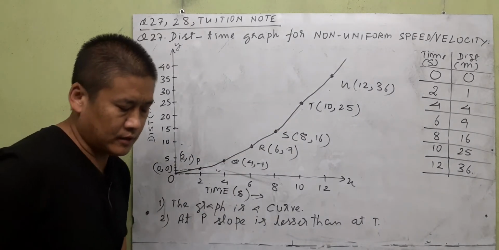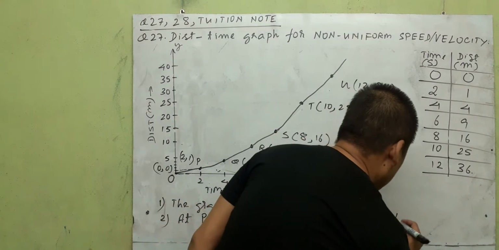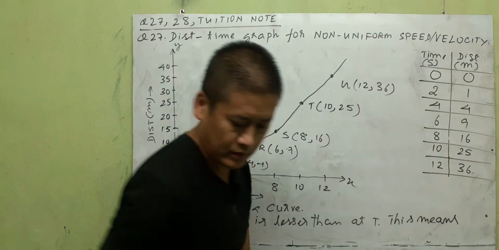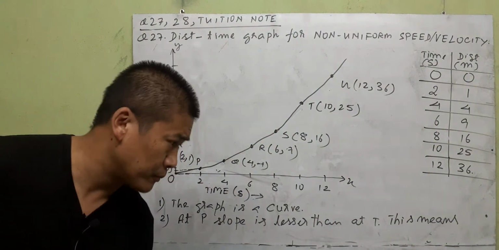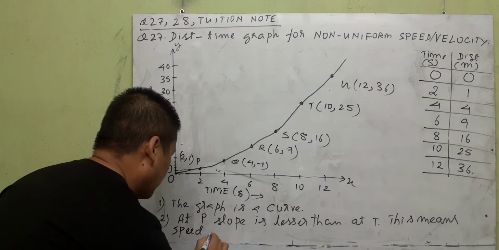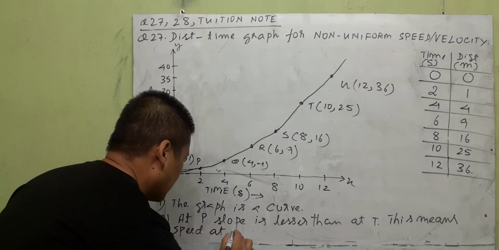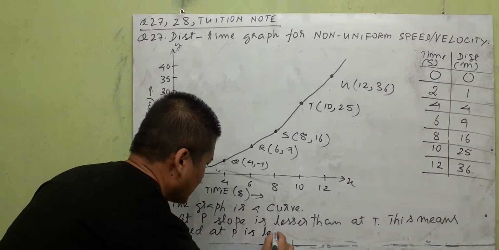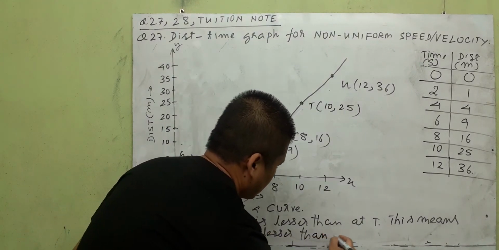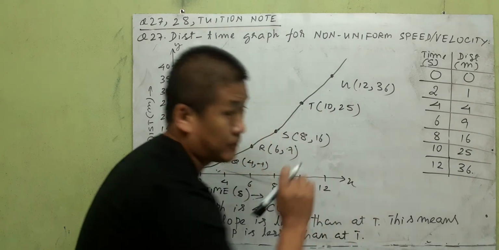So what does this mean? This means the speed of this object at P is lesser than at T. That's the meaning.